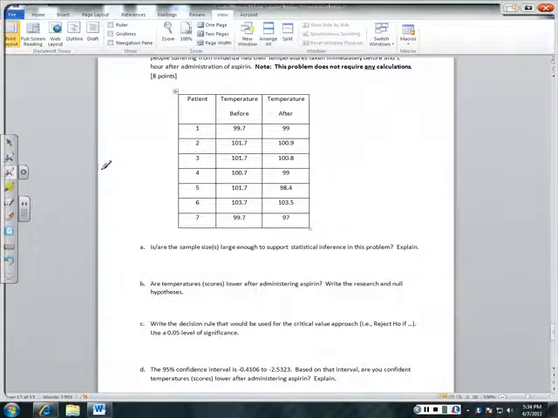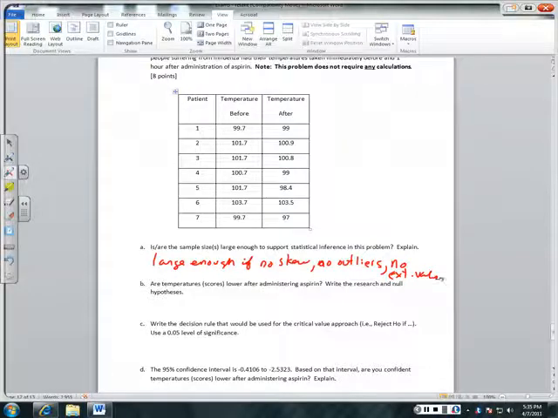Okay, so this is a matched pairs problem. You can see the before and the after, and we've got a quantitative variable there. Sample size large enough. There's really only one sample, and it's a size 7. So it might be large enough, but only if no skew, no outliers, no extreme values.